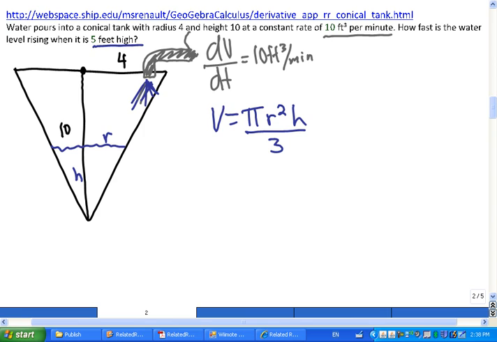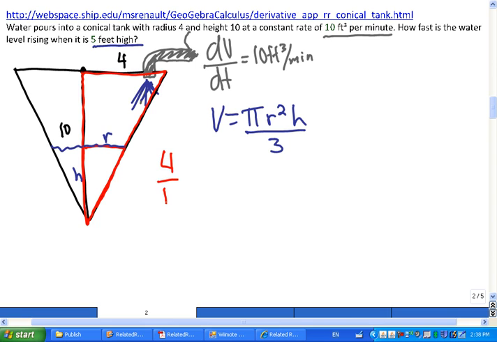So what I'm going to say here is this triangle, I'll draw them for you. So let's say this triangle is the big triangle. Okay. And there's a similar triangle right there for the small one. So the two similar figures have to have the same proportions. So that means 4 is to 10 as r is to h.